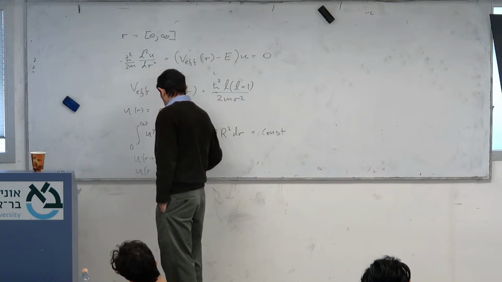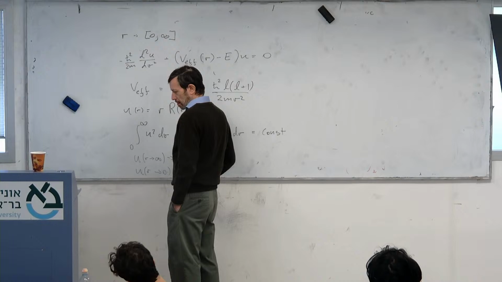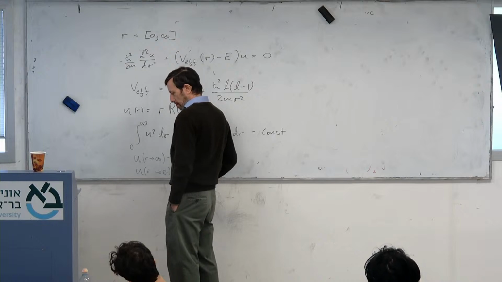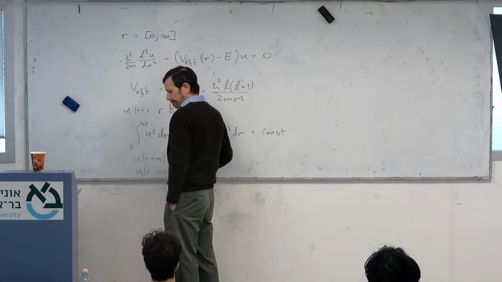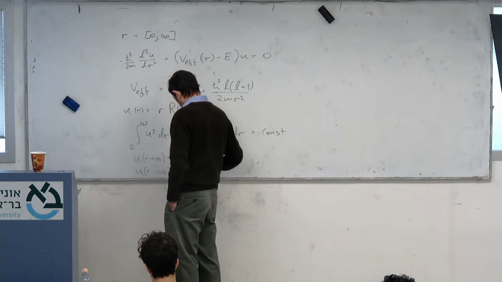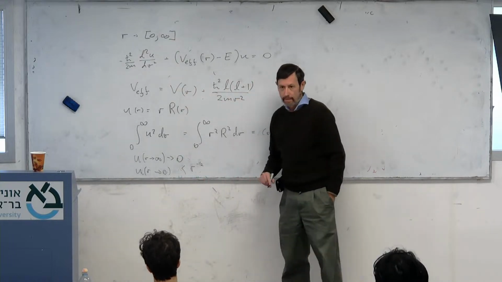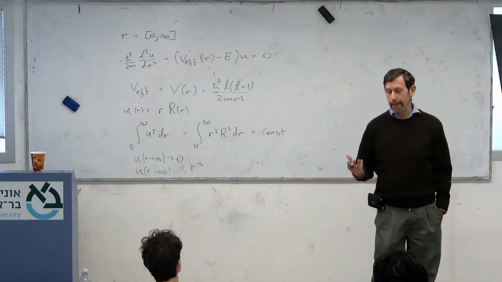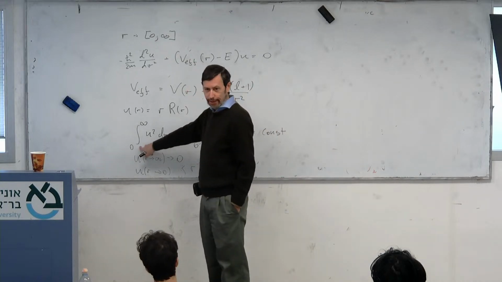And the second part, if it's stronger than 1 over square root of r, it will diverge at 0.